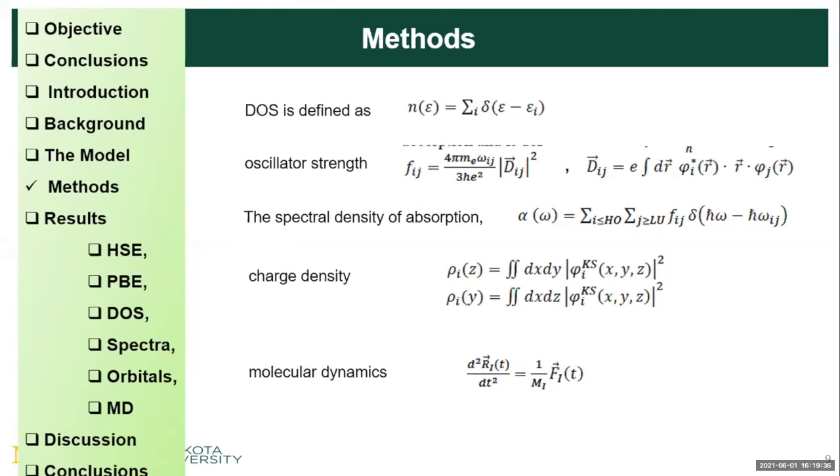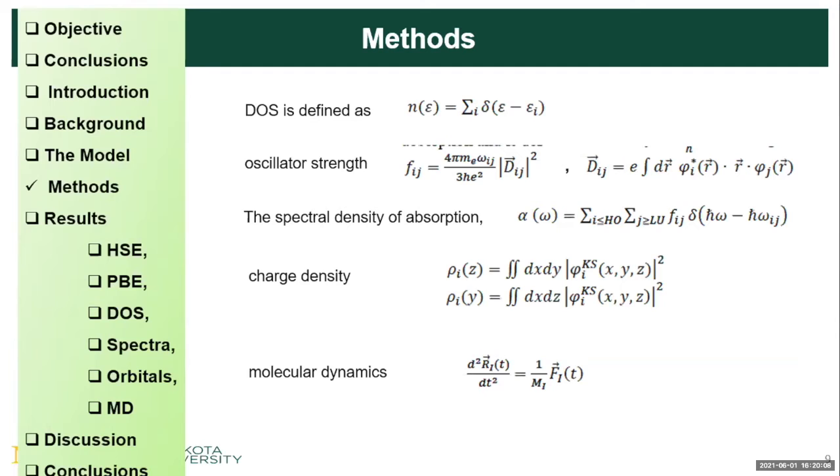For the density of states, that one describes the number of states per interval of energy. And here in the equation, DOS is characterized by the electronic structure of this model.